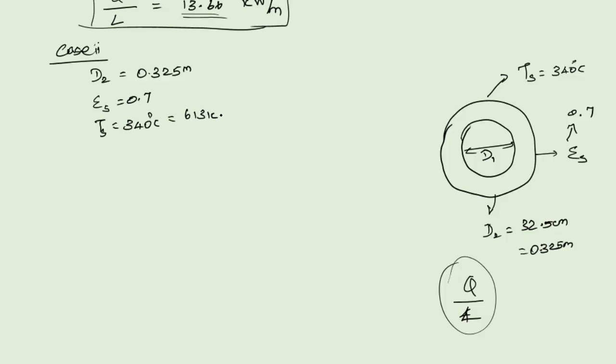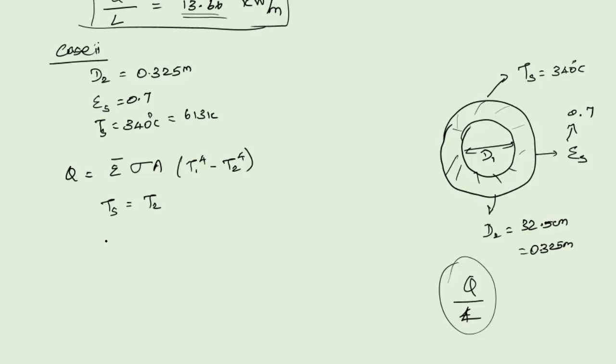613 Kelvin. Now you know that Q equals epsilon dash sigma A, because a screen is added here. So sigma into epsilon dash into A into T1 power 4 minus T2 power 4. Now you know that Ts equals T2. Here it is a concentric cylinder problem, no?